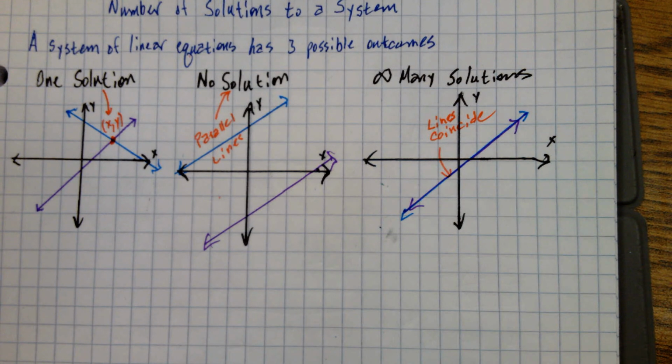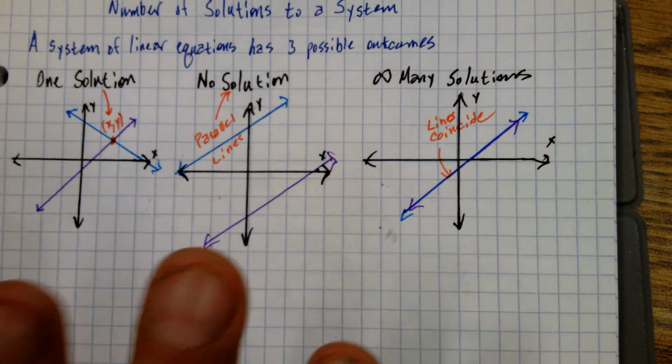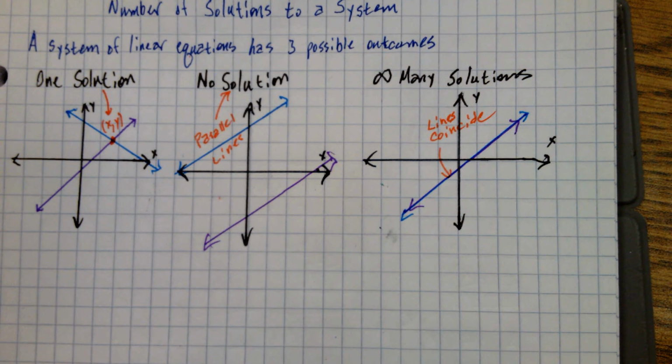So we want to know how to tell when we have one solution, no solutions, and infinitely many solutions algebraically, not by graphing. And we don't have to solve the system all the way to figure it out.